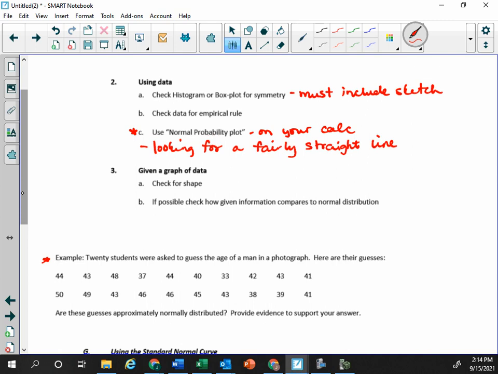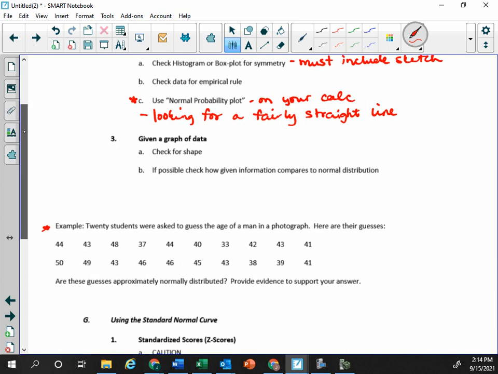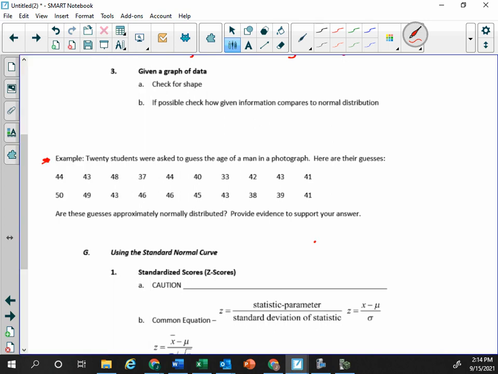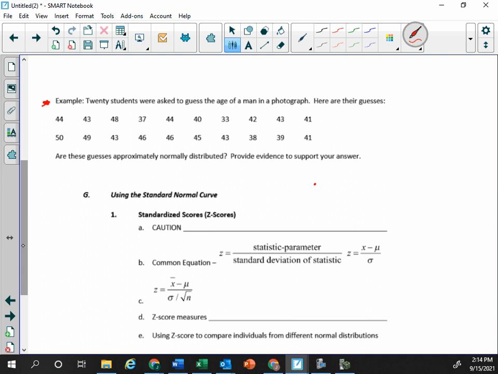All right, so let's go back to our data values here that we already put in. Are these guesses approximately normally distributed? So we already did our normal probability plot with these. That's the evidence to support your answer. So you're going to say, yes, they appear approximately normal because our normal probability plot was fairly straight.